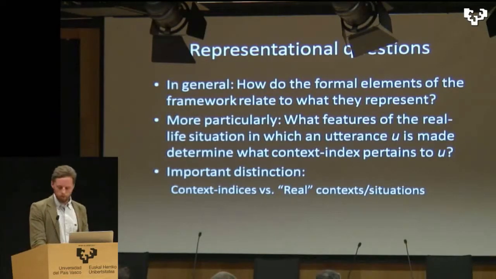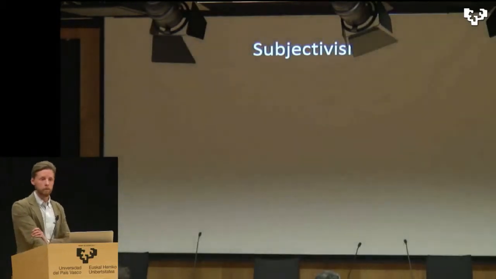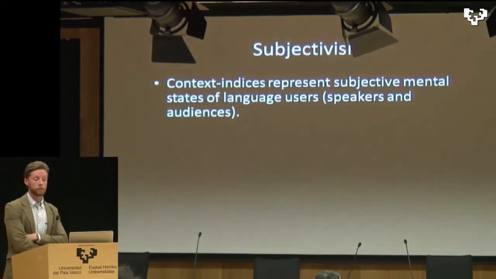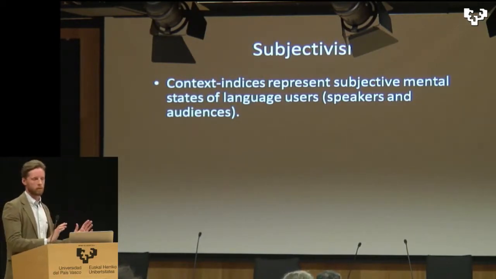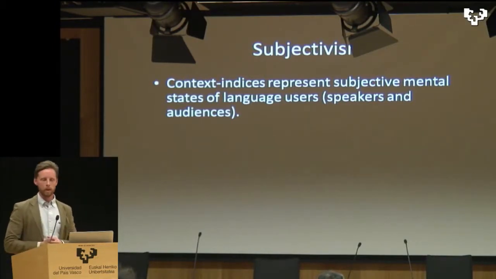Okay, so there are of course many ideas about this. My focus here will be on what I call subjectivism, which in general is the idea that context indices represent subjective mental states of language users. There are some who think it should rather be objective features of the utterance situation, or something like that. But there are a lot of views out there which give subjective mental states a crucial role in determining these context indices.